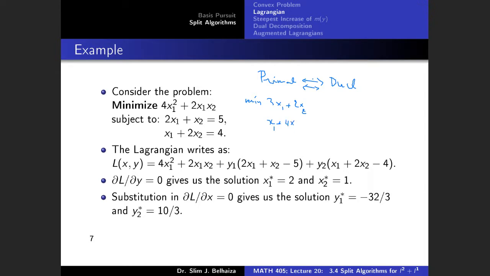Probably you did that in any operations research course. So I'm saying this is my primal. In linear programming we talk about positive optimization, so our decision variables are supposed to be non-negative.